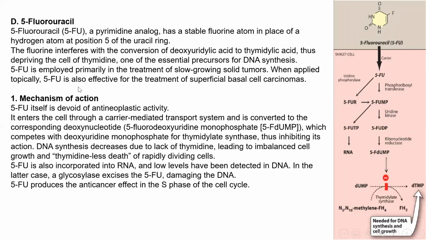Then we have 5-FU, or 5-fluorouracil. This one is a pyrimidine analog, unlike the two previous drugs. In the structure, the hydrogen atom in position 5 of the uracil ring is replaced by a fluorine atom.